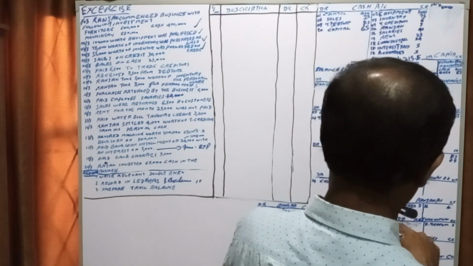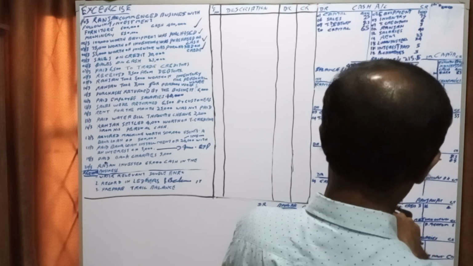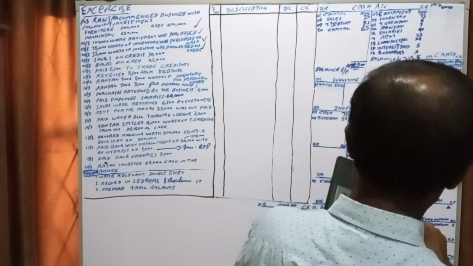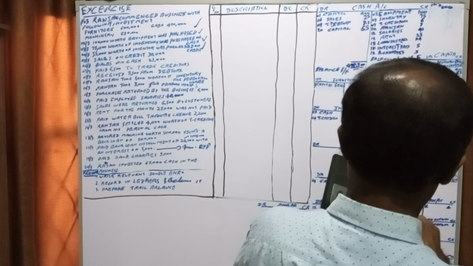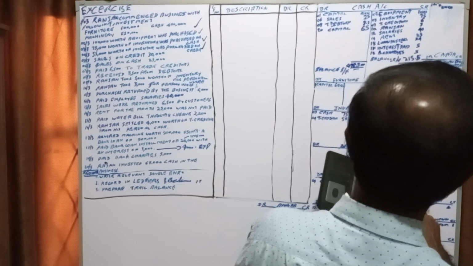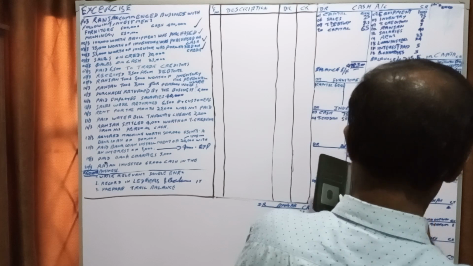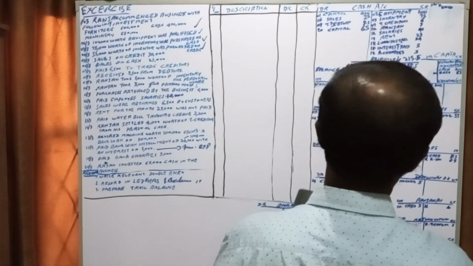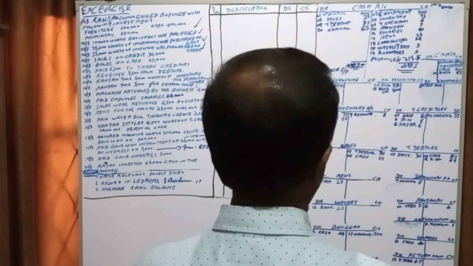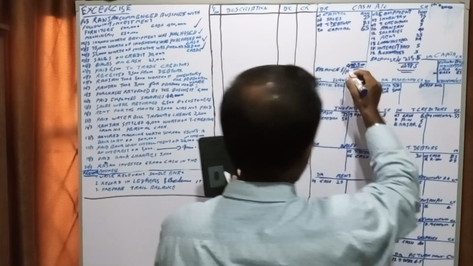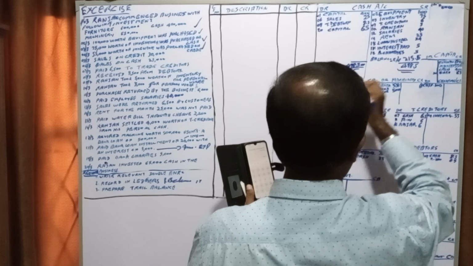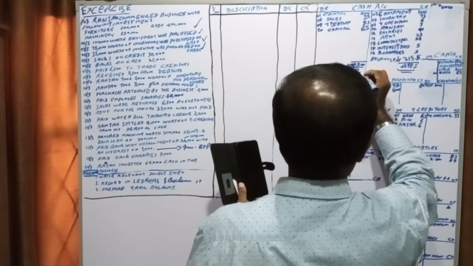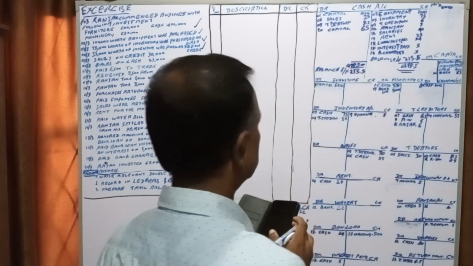Plus 100 plus 75 plus 6 plus 3 plus 40 plus 25 plus 24 plus 5 plus 5 gives 498.5. So here 498,500, 498,500. Here the balance brought forward is 215,500.